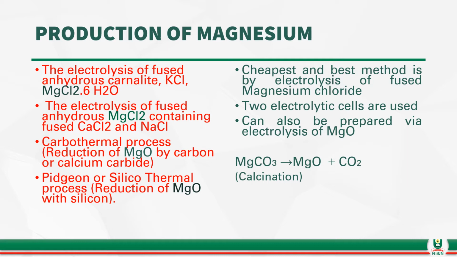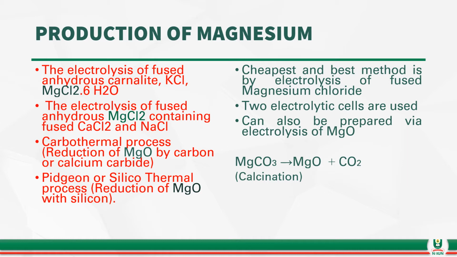Remember, to carry out an electrolytic process, we need an electrolyte, the electrodes which are the cathode and the anode, the electrolytic cell, and also a source of electricity. Electrolysis is powered by electricity.